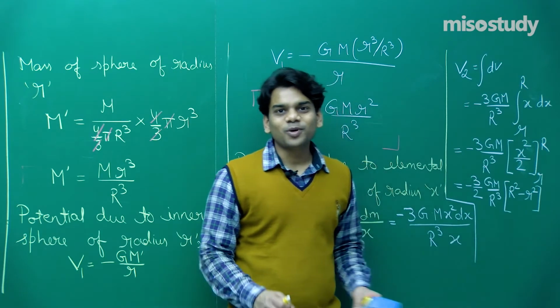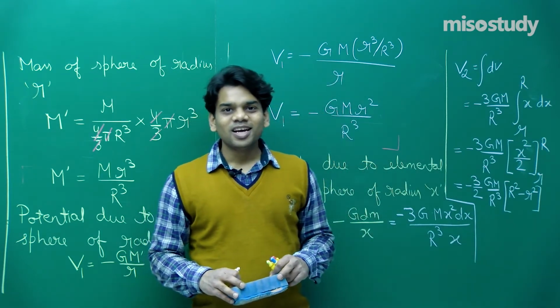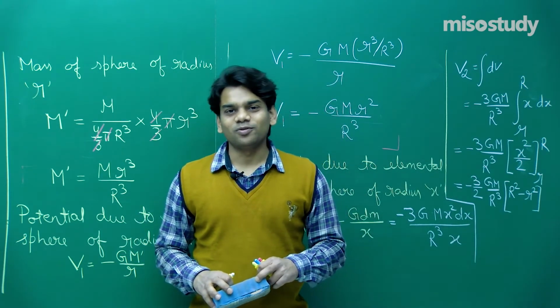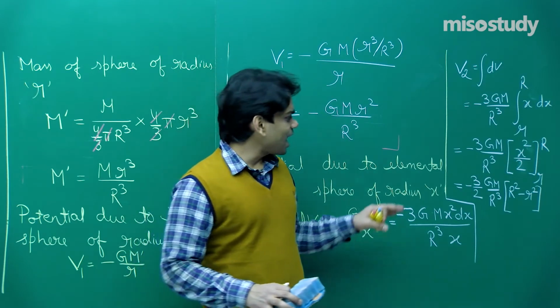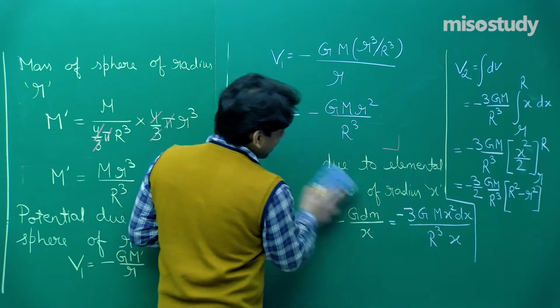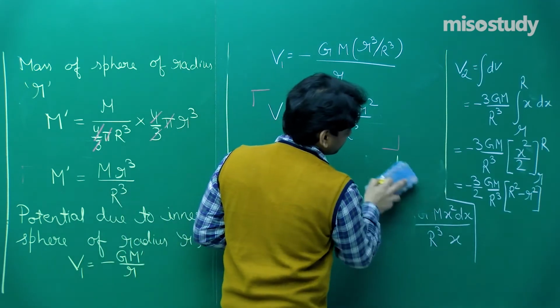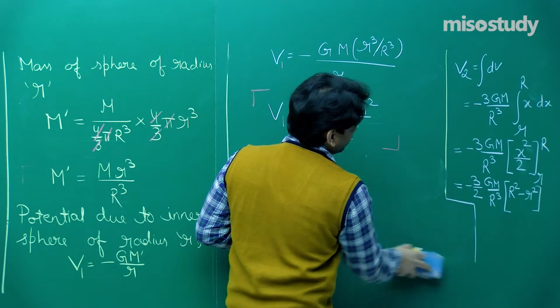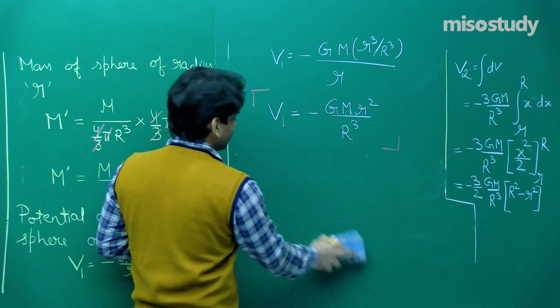So we got V1, the potential due to the inner part of the sphere, and V2, the potential due to the outer part of the sphere. Can we add both of them to get the final potential? So I am rubbing this portion. I believe that you all can see clearly till the other end.